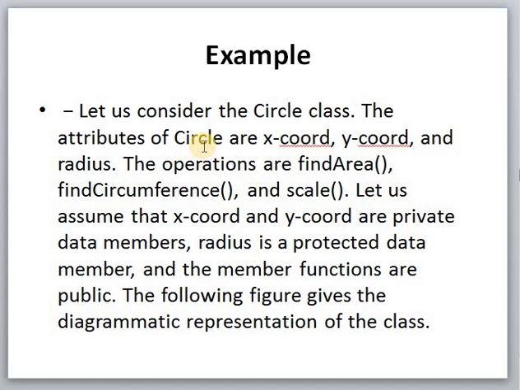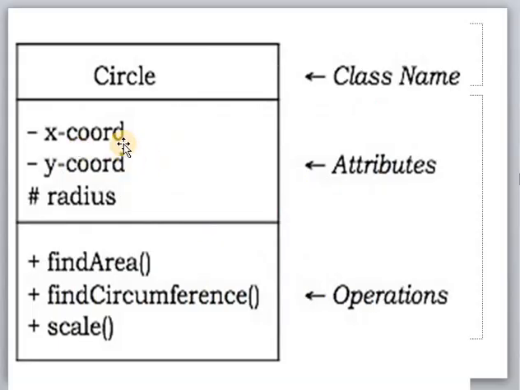The attributes of the circle are the x coordinate, y coordinate, and the radius.